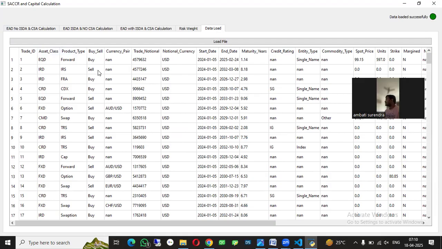My idea is to show you the calculations, how it is happening and how this tool is coming up with the EAD. But in future, or if anyone needs, I can also connect this tool to a database. I can add those features also to this tool.